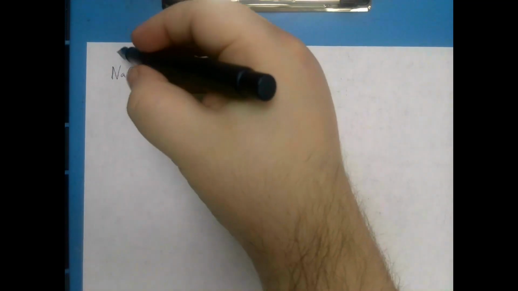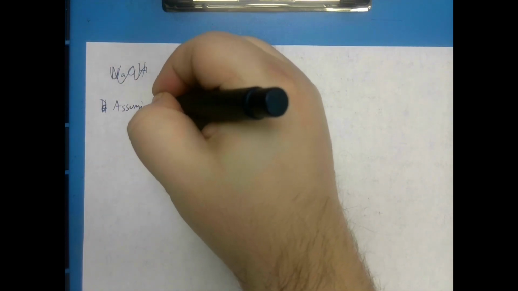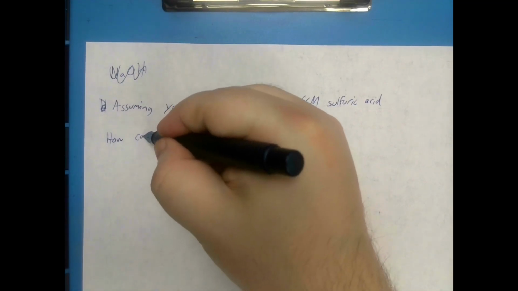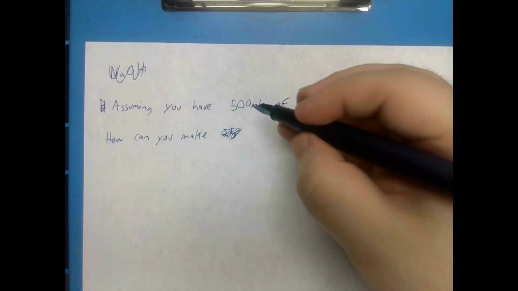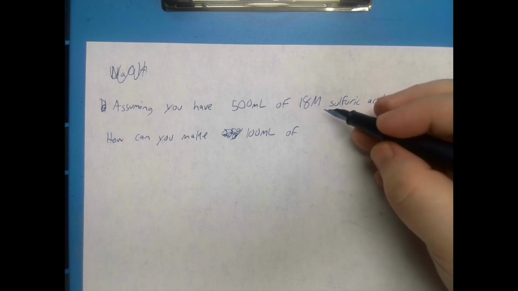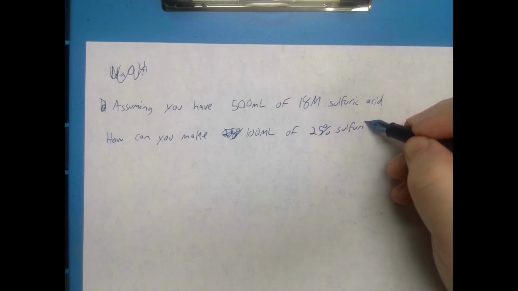Let's try working this one out. Assuming you have 500 milliliters of 18 molar sulfuric acid, how can you make 100 milliliters of 25% sulfuric acid?